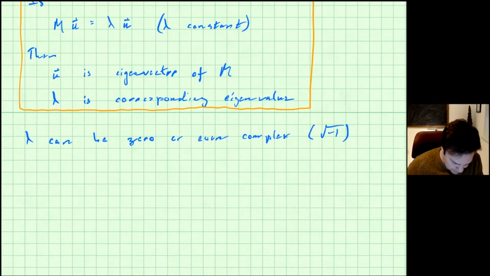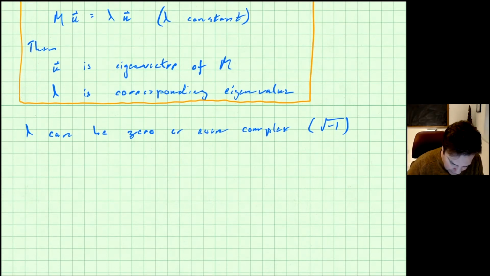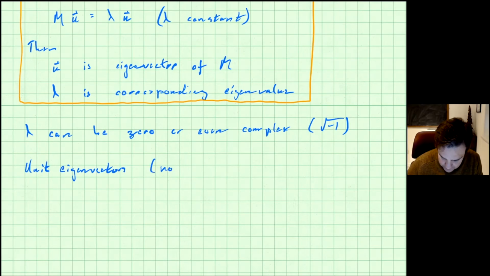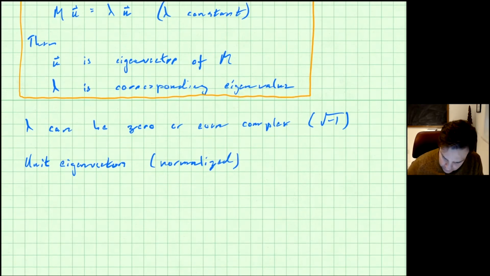But the unit eigenvectors, sometimes called normalized eigenvectors, are unique up to a sign.